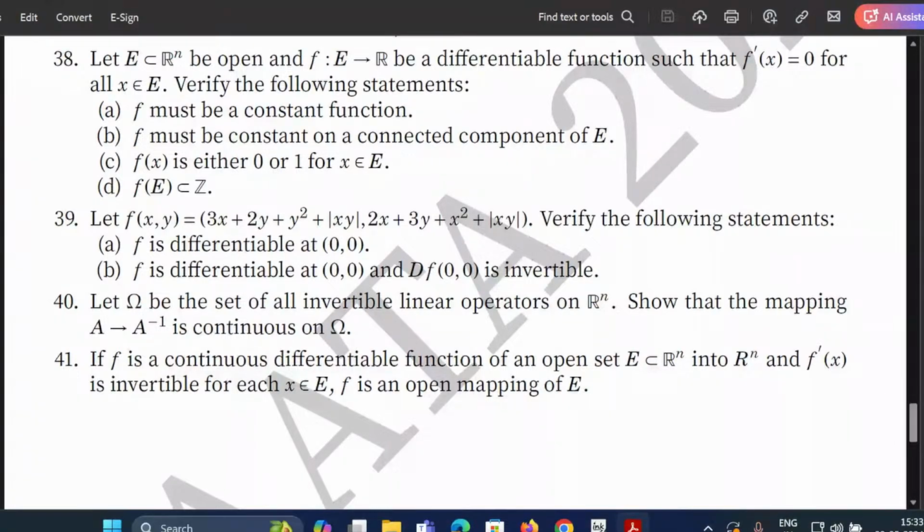See, let's say E is a connected set. Can we say that if the derivative of f is 0, f will be constant? We proved the result for a convex set, so is it possible to prove the result for a connected set? That's my question. Got it?